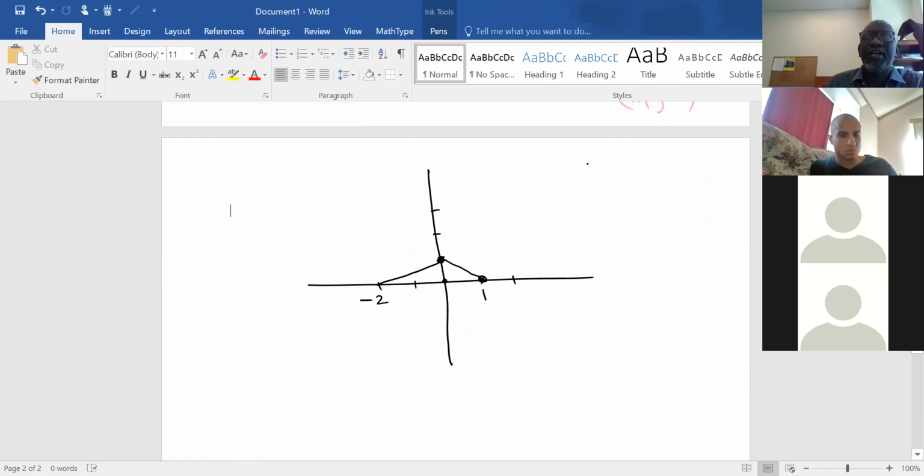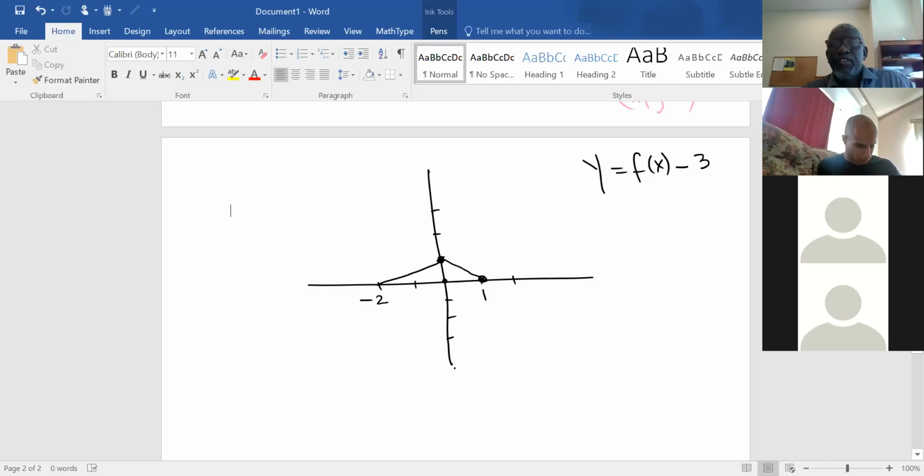I want to ask you to graph y equals f of x minus 3. Everybody go ahead, graph. The small tent you see here is the graph of f. Go ahead, graph this new one, y equals f of x minus 3. First of all, you have to say what you have to do to the graph before you even graph it.